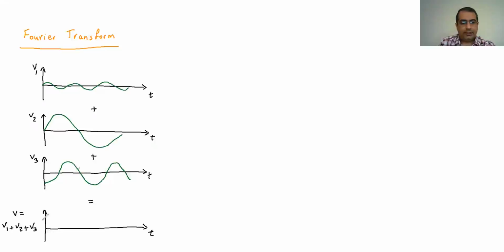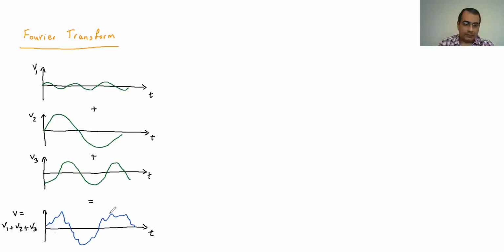So I simply add these three together. If I add them together, assume I get something like this. I don't know what I get, but it's hypothetical. Assume if I add these three, this is what I'm going to get.